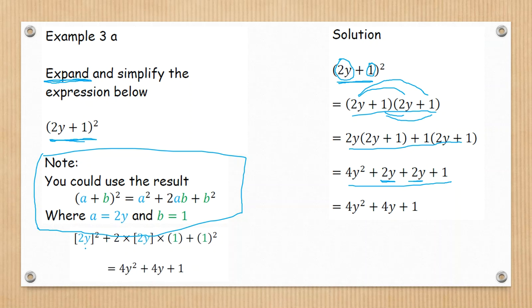So we square the 2y, we double the product of 2y and 1, and we square the last part to give us this line, which is exactly the same as that part. Two strategies here. Remember, I always want you to do things more than one way. You can see here that using the advanced method can be done in 2 lines, where this might take 3 or 4.